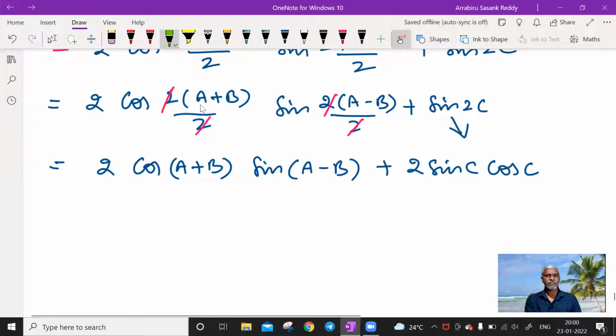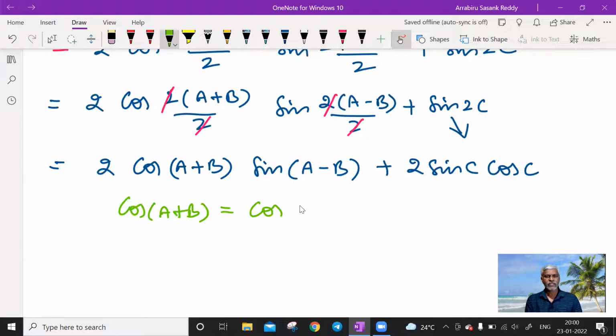Now cos (A plus B) is equal to cos (180 minus C), since A plus B plus C is 180. So A plus B is equal to 180 minus C, taking cos on both sides. Cos (180 minus theta) is minus cos theta.